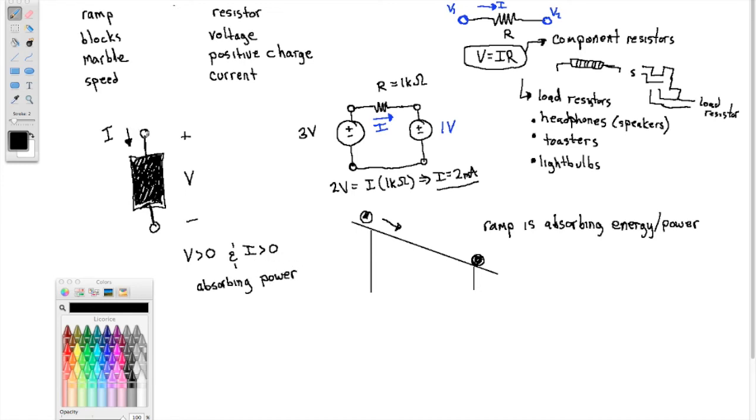Because the current enters the high potential and leaves the low potential, just like in this ramp where the marble starts at high potential and leaves at low potential.